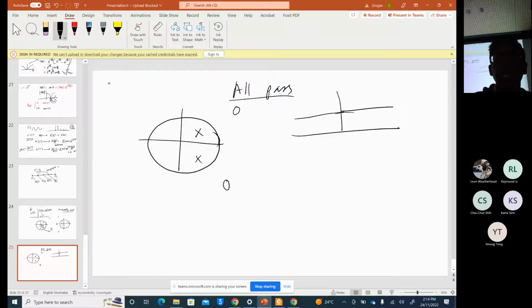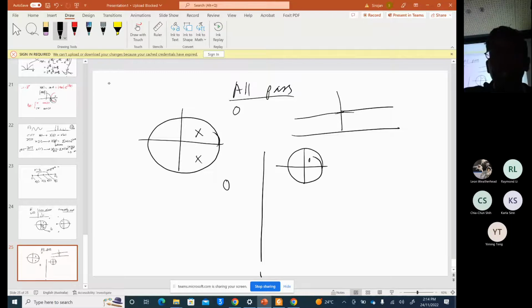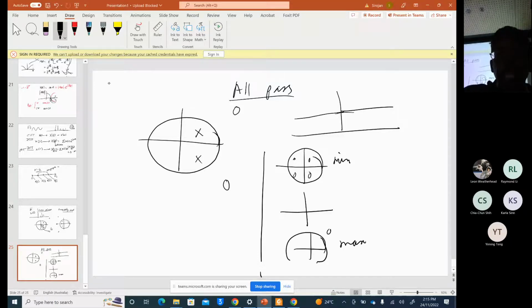The other ones are the minimum phase system, maximum phase system, and mixed phase system. For a minimum phase system, all the zeros have to be inside the unit circle. For maximum phase filters, all the zeros have to be outside the unit circle.